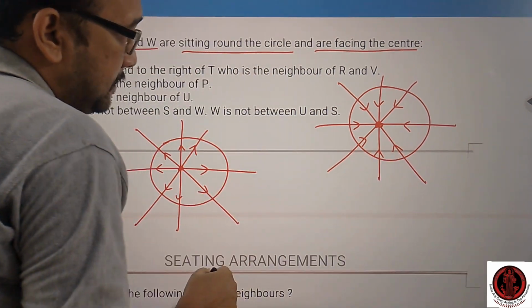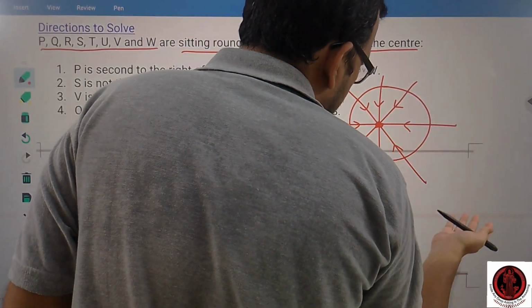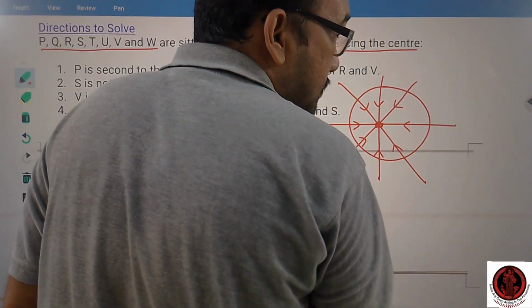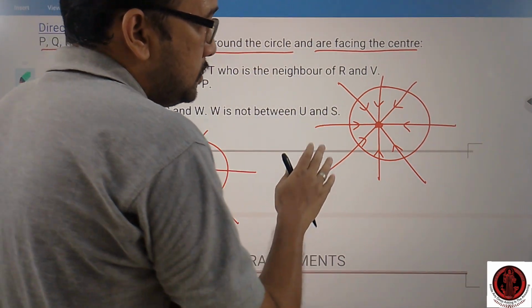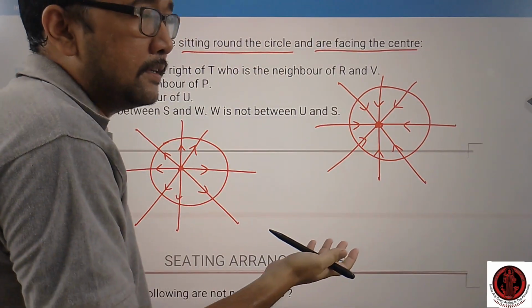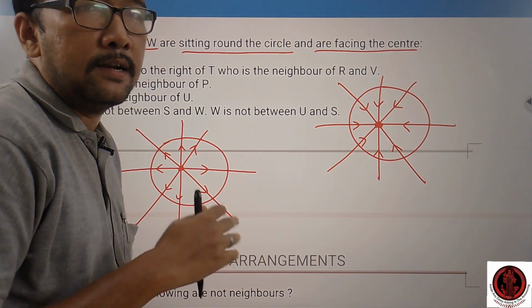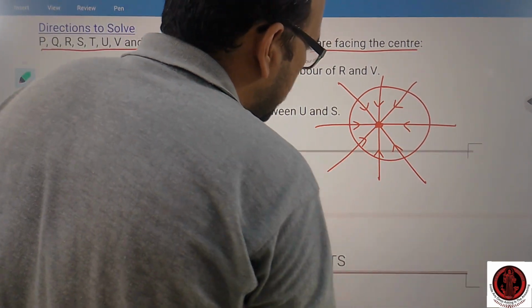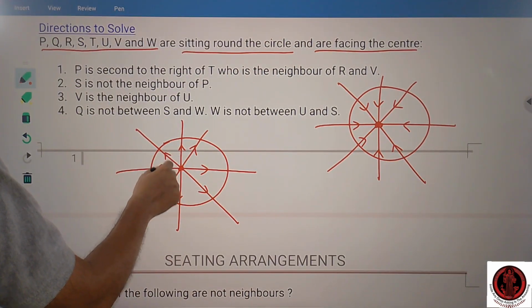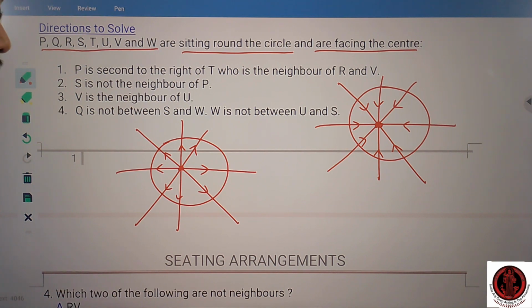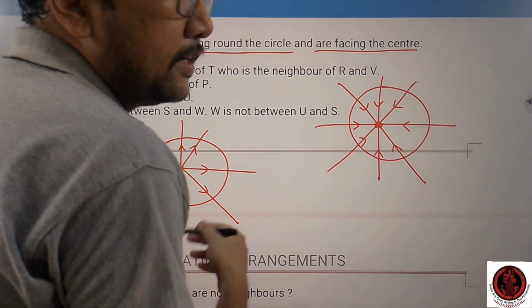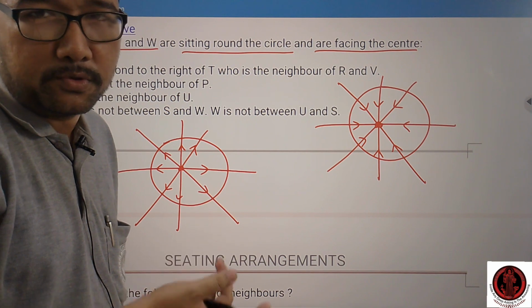Now when you are facing the center, then your right is right, your left is left. When you are looking towards the center, your right will be right, and your left will be left. But when you are facing outside the center, then your right is left and your left is right. Just opposite.